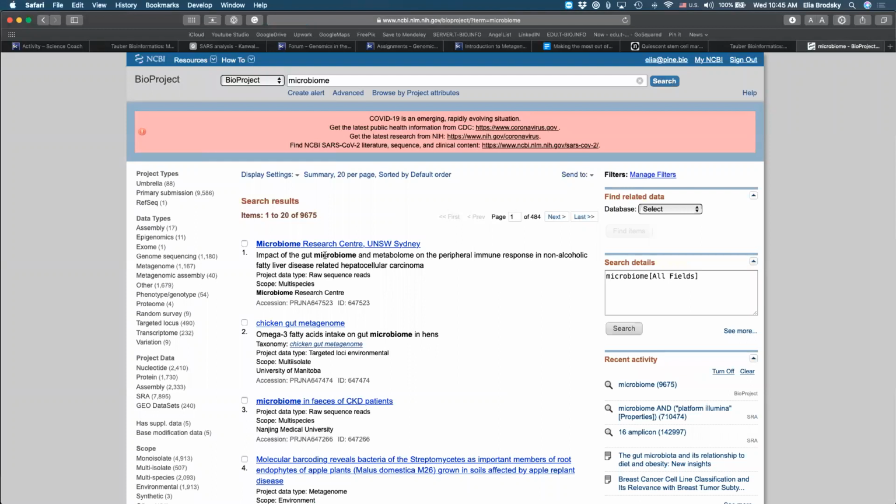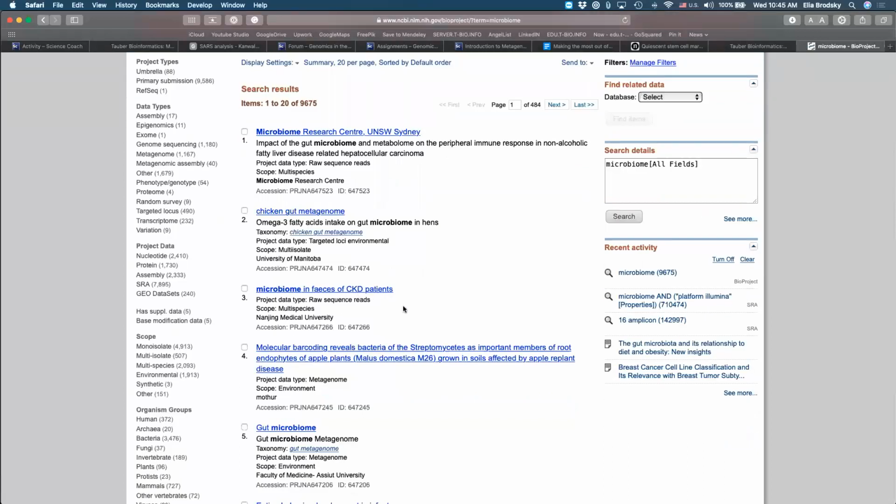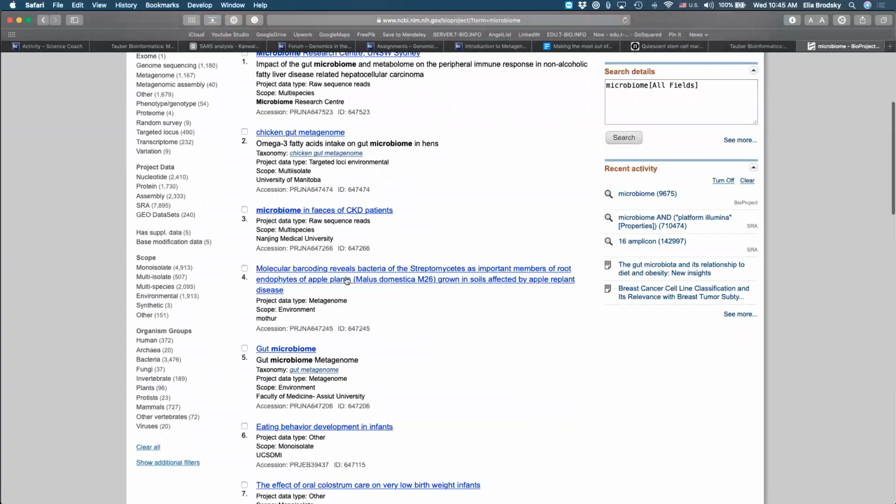Impact of the gut microbiome and metabolome on the peripheral immune response in non-alcoholic fatty liver disease-related hepatocellular carcinoma. Chicken gut metagenome, microbiome in feces of CKD patients. Molecular barcoding reveals bacteria of the Streptomycetes as important members of root endophytes of apple plants grown in soils affected by apple replant disease.